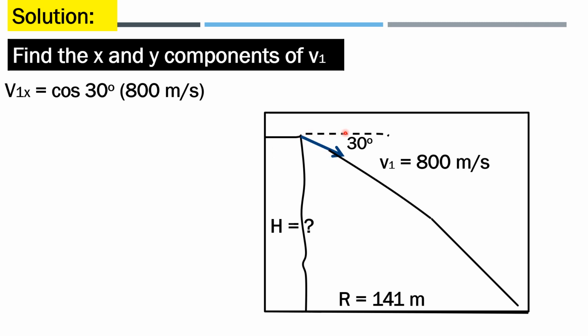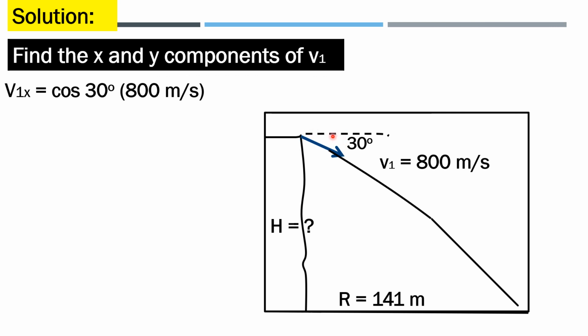We can imagine a right triangle here. The right triangle is such that the given initial velocity constitutes the hypotenuse, and the x component of that velocity becomes the adjacent side of the triangle.